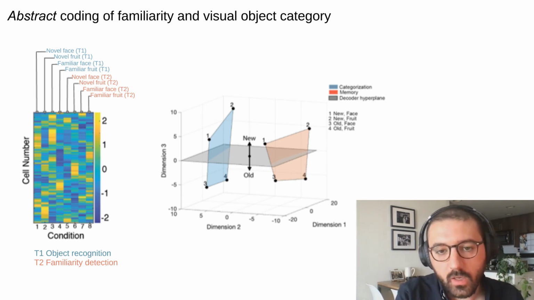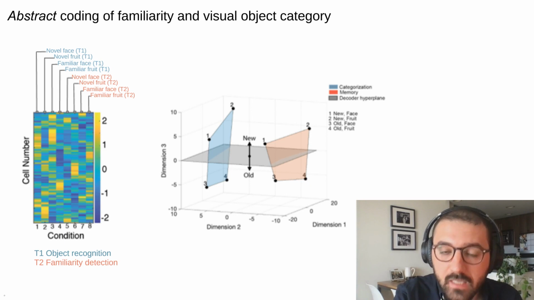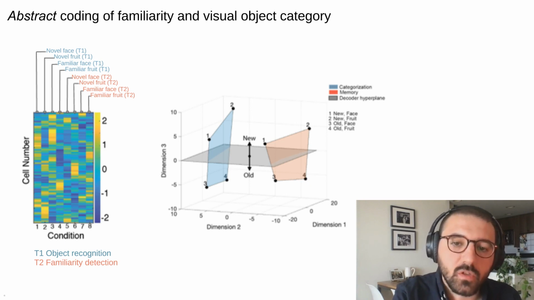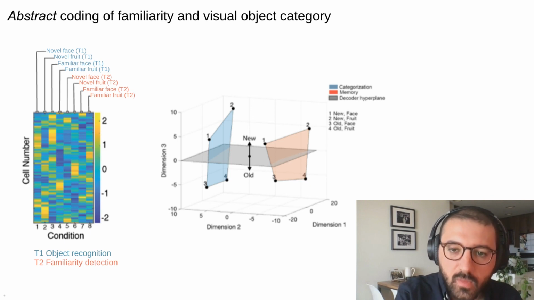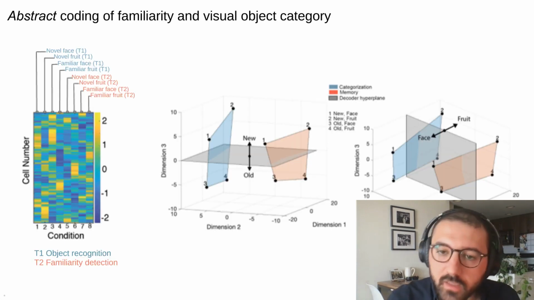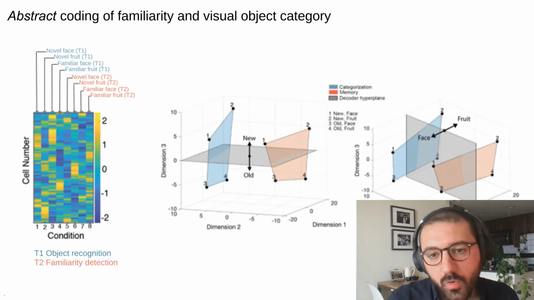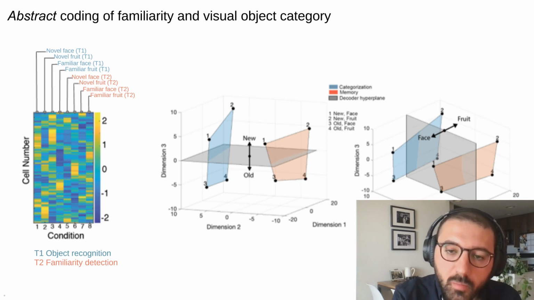What I've also plotted in this 3-dimensional space is a plane that divides conditions that correspond to new instances, when the images are new, from instances when images are familiar. I can also plot a hyperplane that separates instances when the item is a face and instances when an item is a fruit. There's a couple of things that I'd like to point out in this kind of geometrical structure.